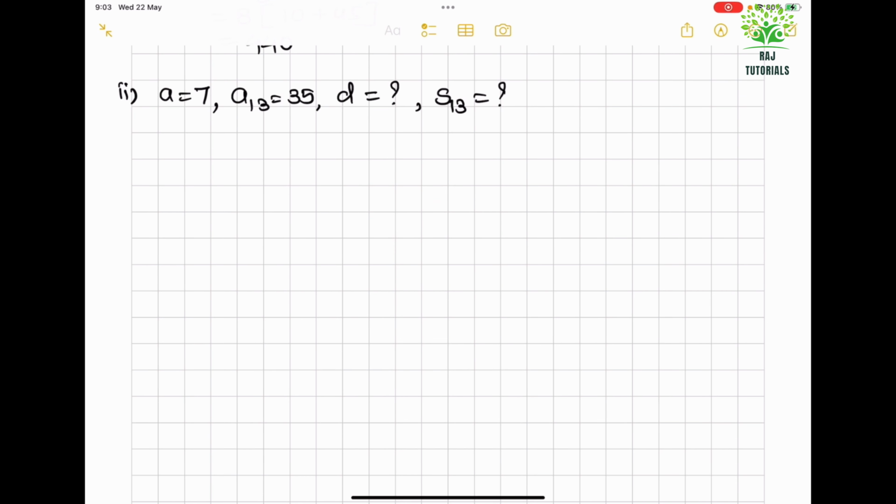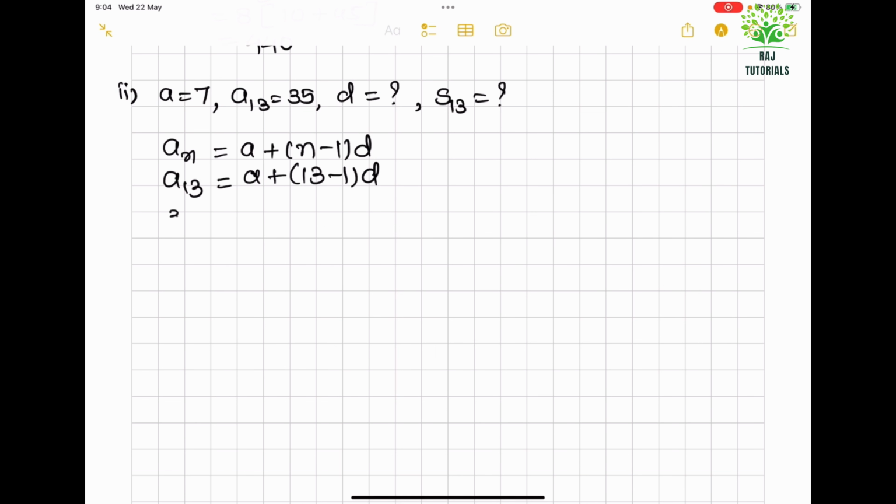Given a equal to 7, a13 equal to 35, d I have to find, and I have to find S13. So again first I need to use an formula. So that will be a plus n minus 1 d. So a13 will be equal to a plus 13 minus 1 into d.